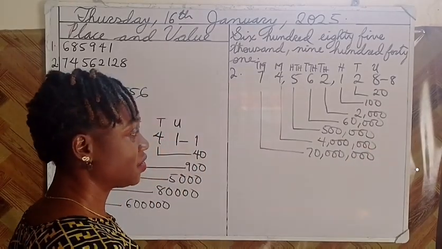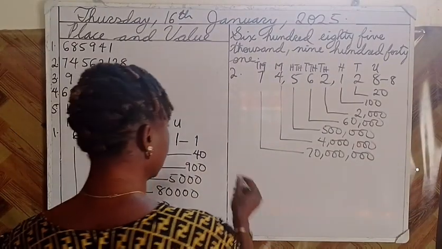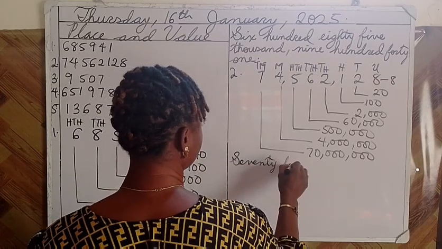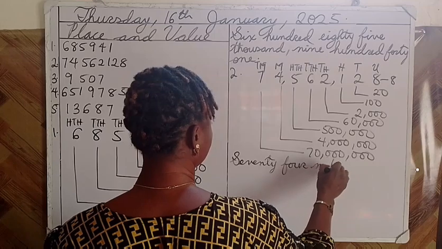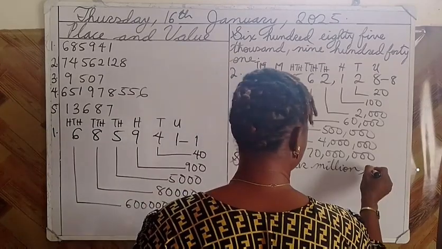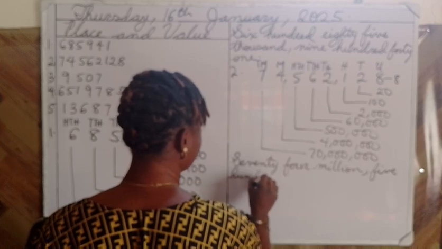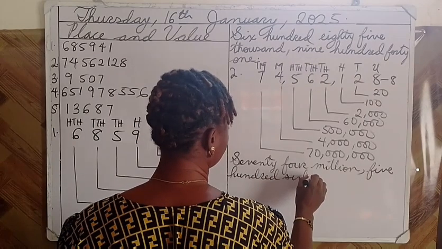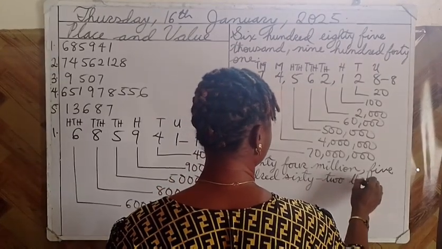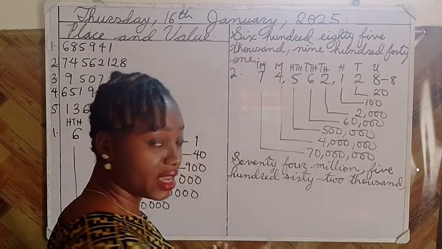Now, what is this figure in words? We would say 74 million, 562,000, 128.